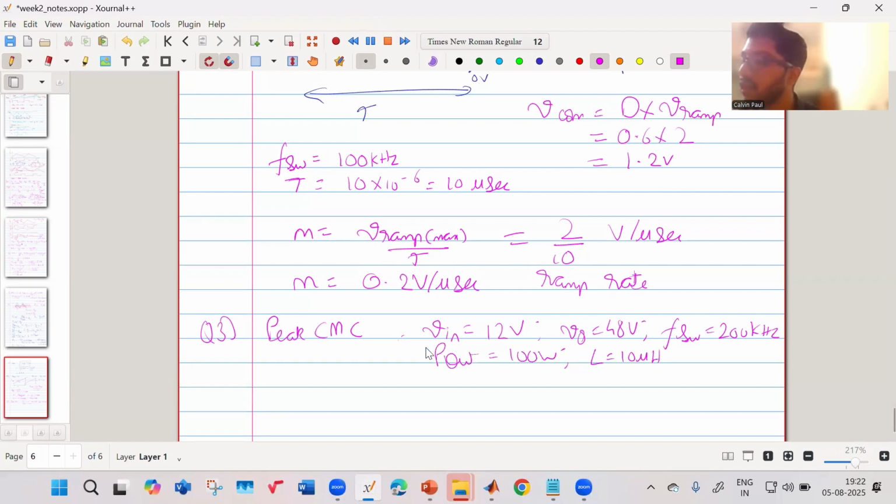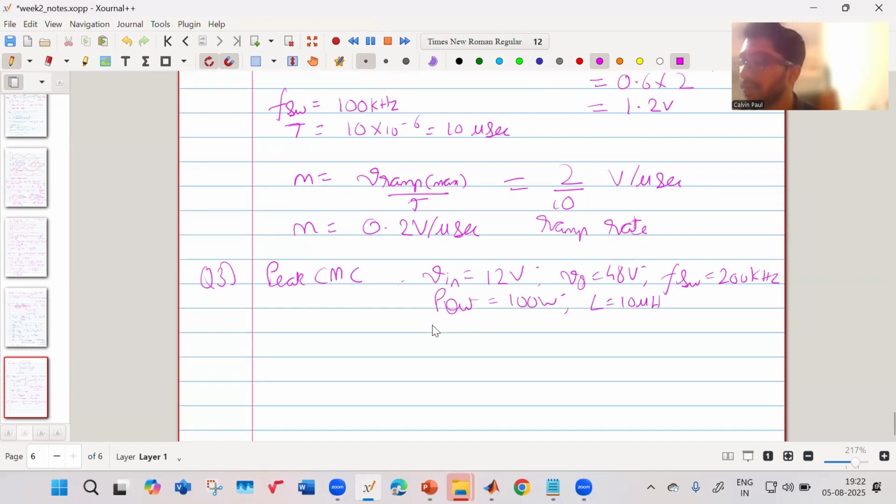All right. What is your current ripple? Your current ripple is given by this expression Vin upon L into dT, right? So that is 12 upon 10 into 10 to the power minus 6. Your duty is 0.75 as we previously calculated for this gain. It is 0.75 into T, in this case 5 microsecond because your switching frequency is 200 kilohertz, so it is into 5 into 10 to the power minus 6. So what is this current ripple?